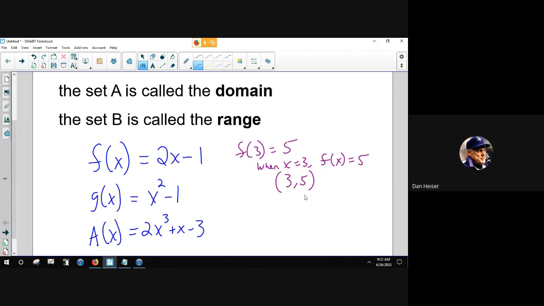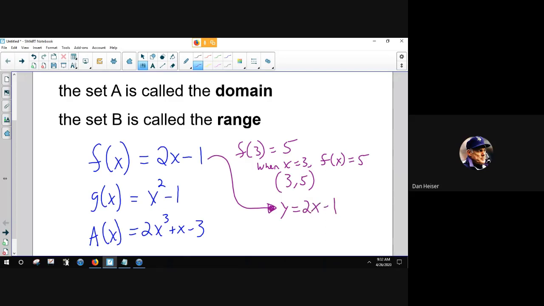Looking at what we've done over here in purple, we can sort of take this f of x and we can write it in a different form. We can write this as y equals 2x minus 1.